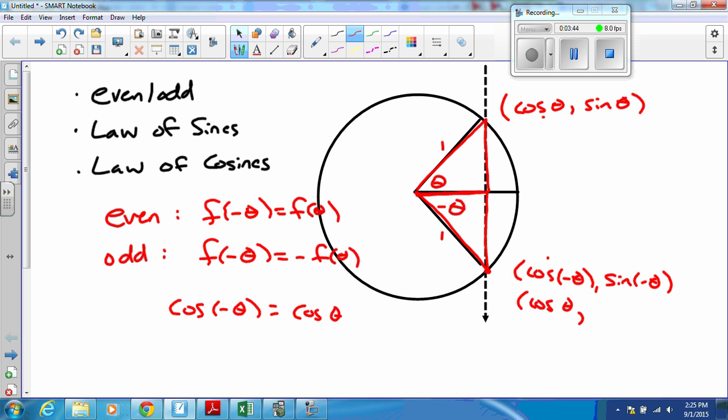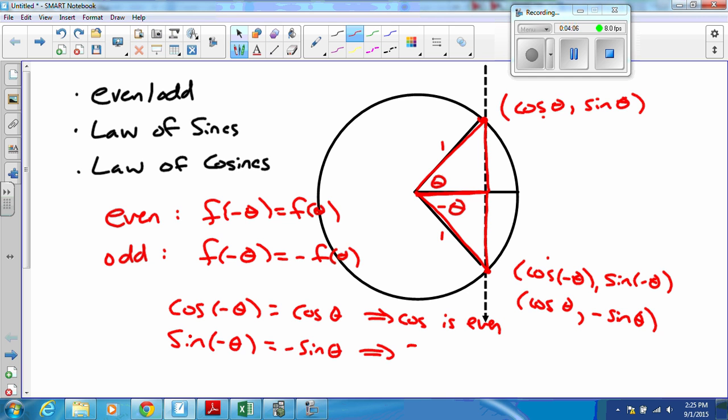And the y-coordinate right here is going to be equal but opposite to sine theta above. And therefore we have cosine of negative theta is equal to cosine theta, which means cosine is even. And sine of negative theta is equal to negative sine theta, which means that sine is odd.